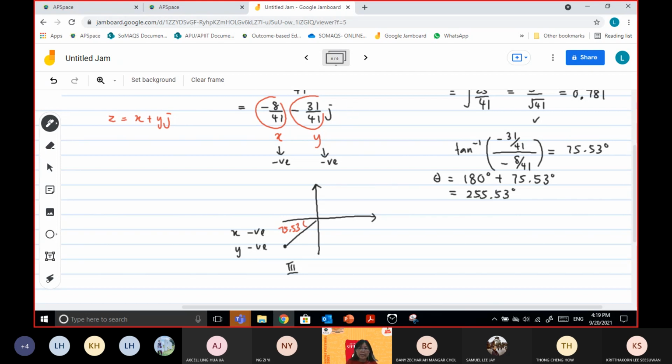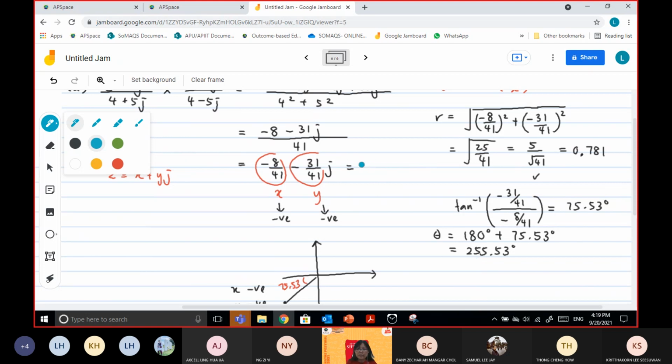I can write my answer as R is 0.781, angle 255.53. Or, remember, if we follow the principal value, right?